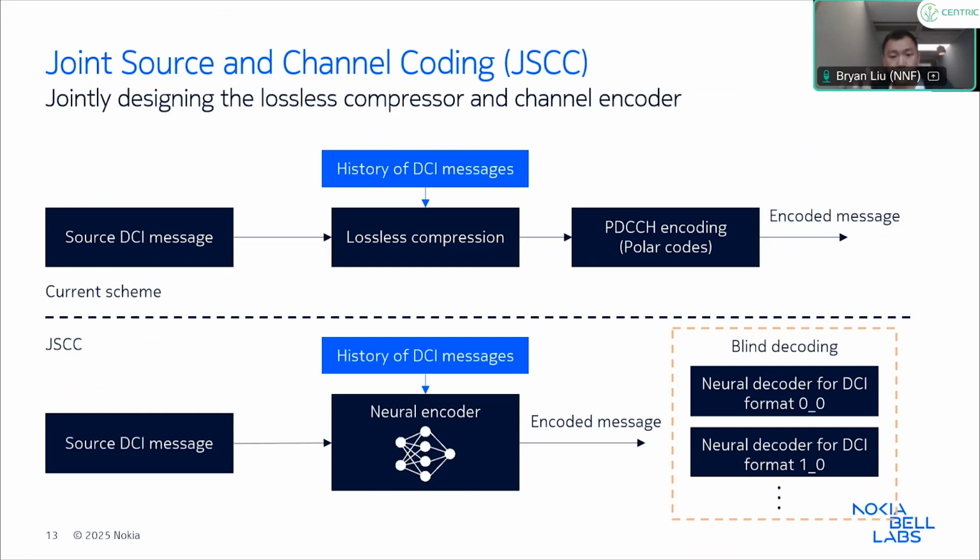It jointly combines the functions from the lossless compressor to the channel encoder. In that case, the encoded message will just be directly modulated and then transmitted through the PDCCH channel. This is what we're working on now, and it will solve the problem of the variance of the compressed length from this deep learning approach.